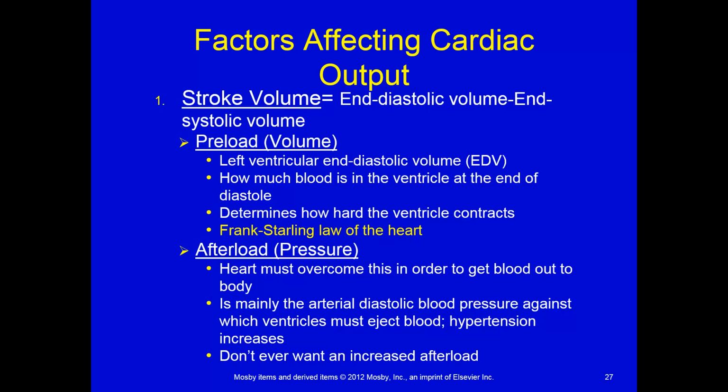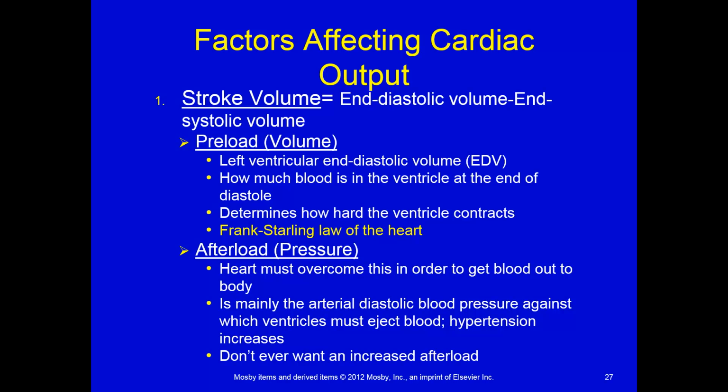When I say the term preload to you, anytime you hear the word preload, I want you to automatically think volume of blood. So preload is the amount of blood, and we're going to specifically talk about the left side of the heart when we're talking about this, okay? So the left ventricle.